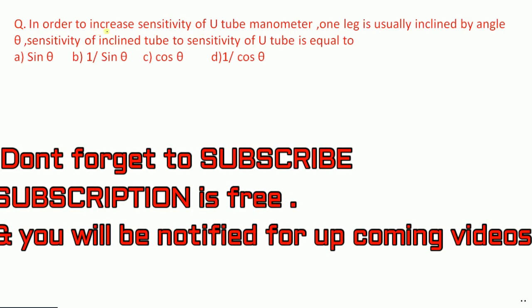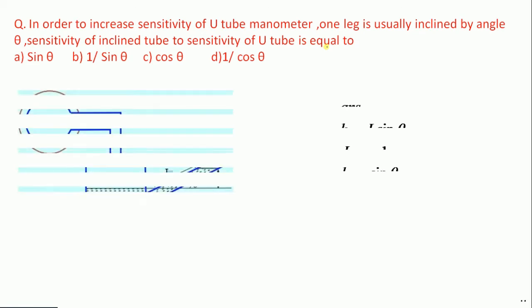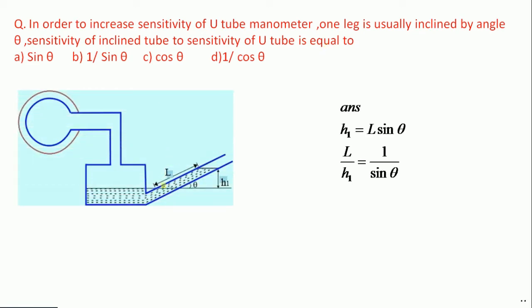In order to increase sensitivity of U-tube manometer, one leg is usually inclined by angle theta. Sensitivity of inclined tube to sensitivity of U-tube is equal to, so let's see the diagram so you can come to know this.